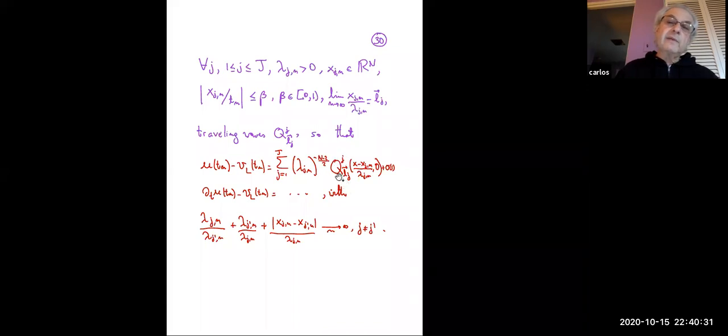And these different solitary waves are well separated by their parameters, because either the ratios of the scalings or the separation of the centers up to the scalings must go to infinity. So these are traveling waves that don't see each other.